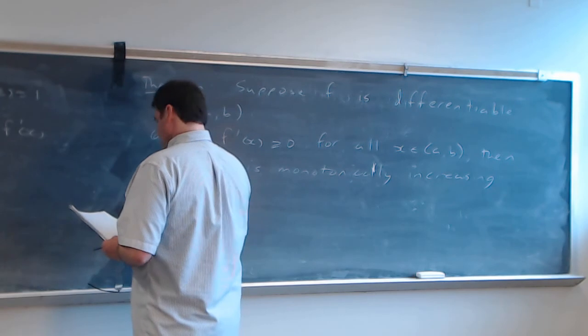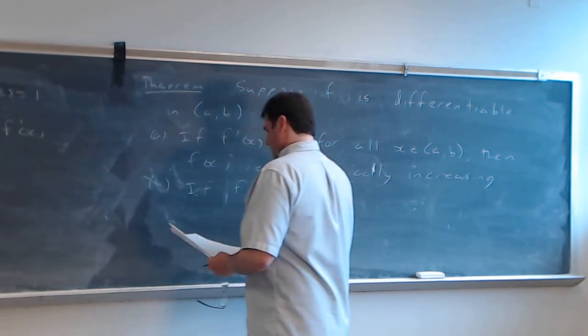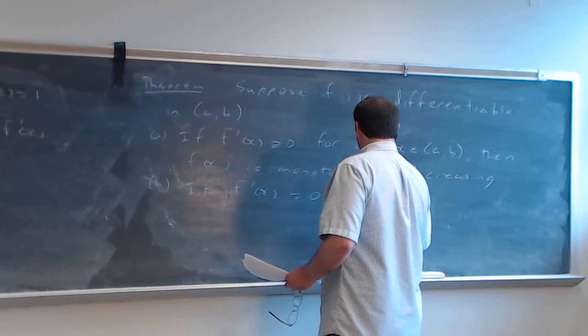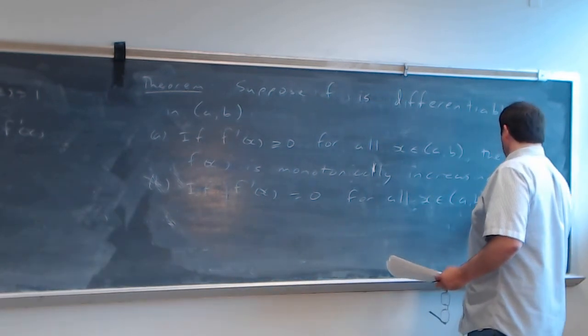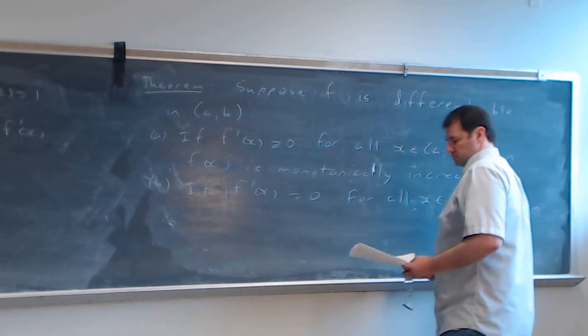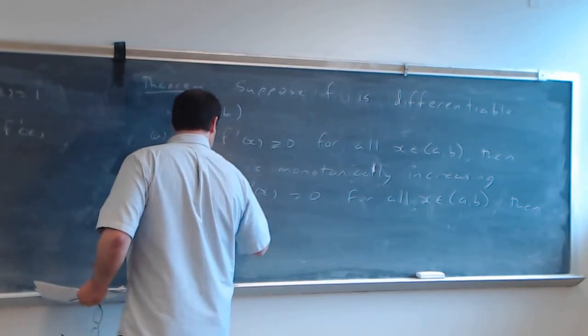Part B, if f prime of x equals 0 for all x element of A to B, then f is a constant.